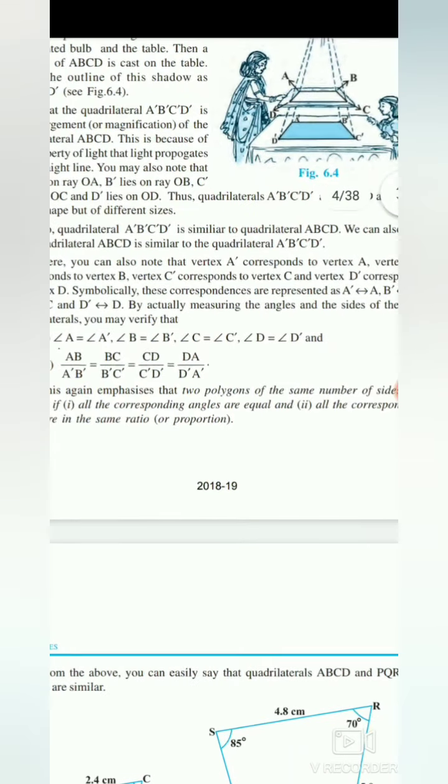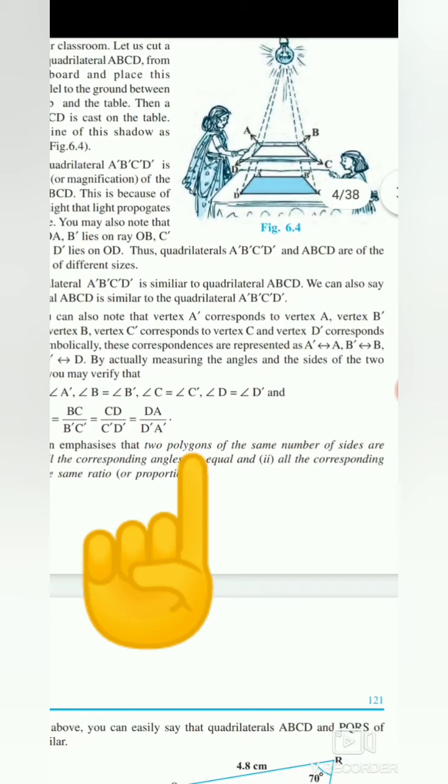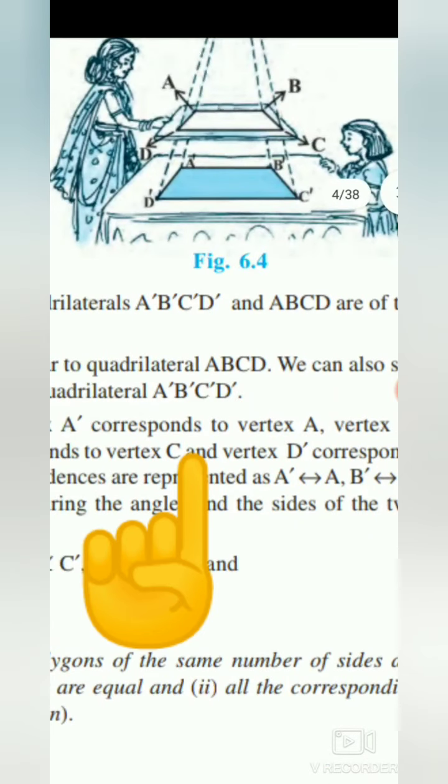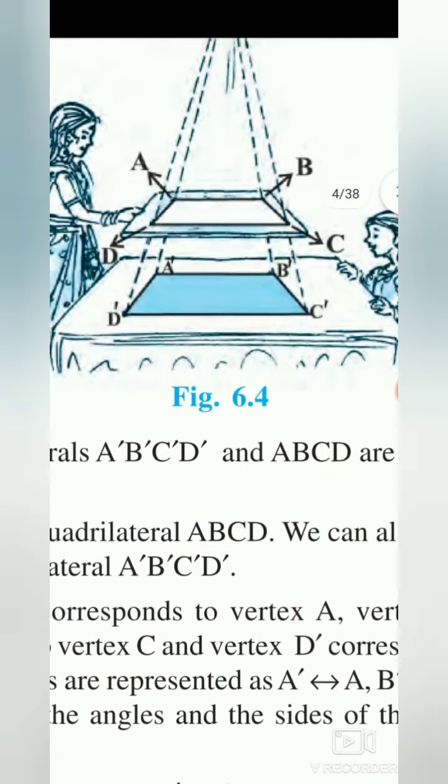In that, the main important part for us is that if we take this as a quadrilateral, one is quadrilateral ABCD and one is quadrilateral A dash, B dash, C dash, D dash.